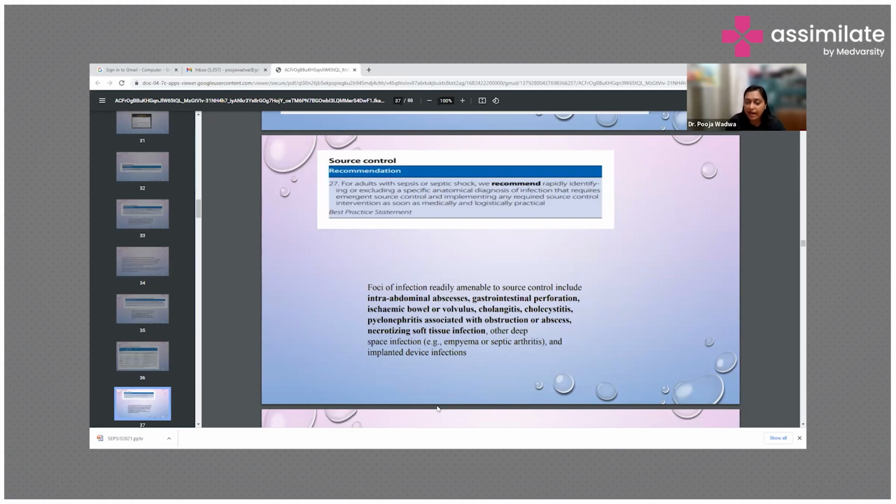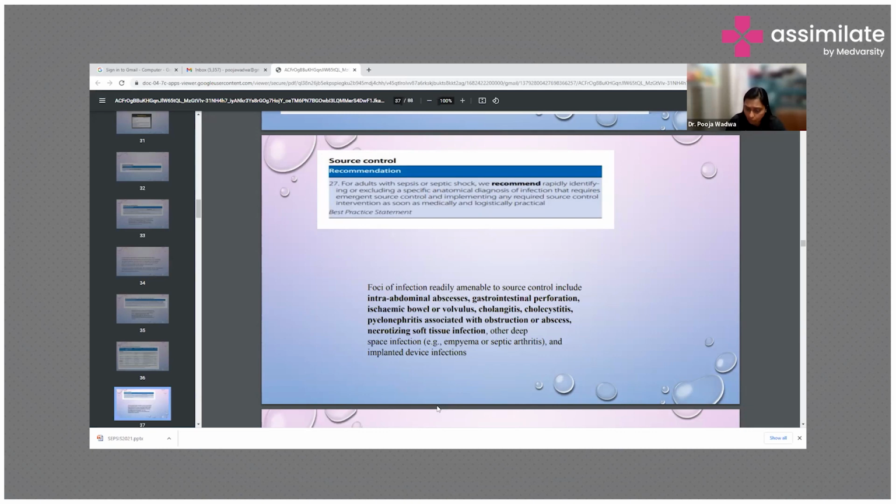So rapidly identifying or excluding a specific anatomical diagnosis of infection is recommended. Foci of infection may be intra-abdominal abscess, gastrointestinal perforation, ischemic bowel, volvulus, cholangitis, cholecystitis, pyelonephritis. It can be anywhere.